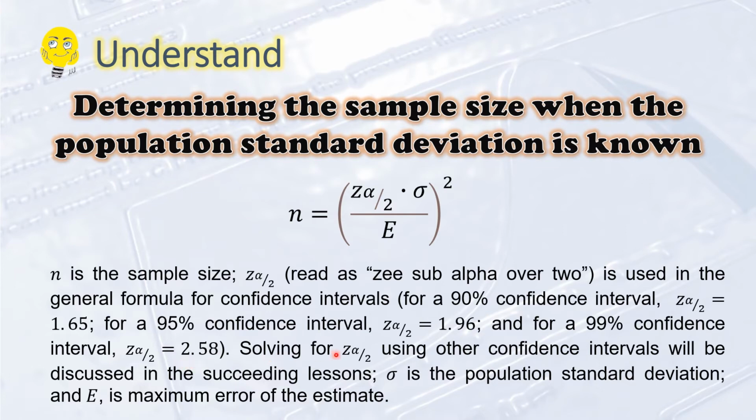Solving for z sub alpha over 2 using other confidence interval will be discussed in the succeeding lessons. Although we have already started discussing about z value during the discussion on the normal random variables and the area under the normal curve. Lowercase sigma is the population standard deviation, and E is the maximum error of the estimate.